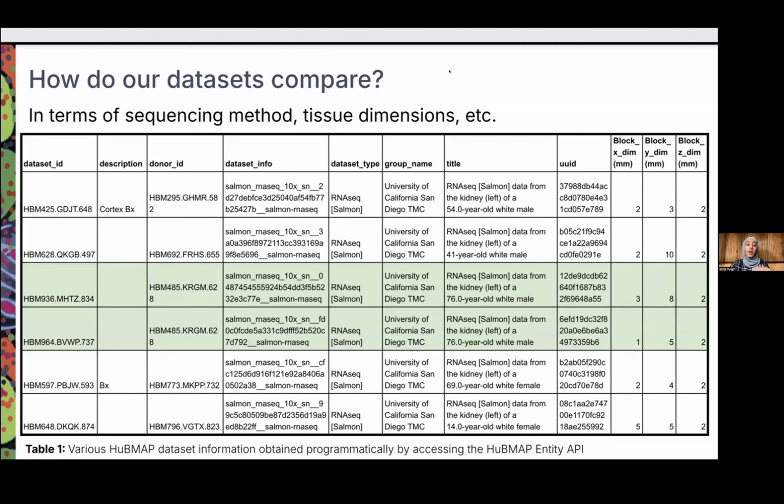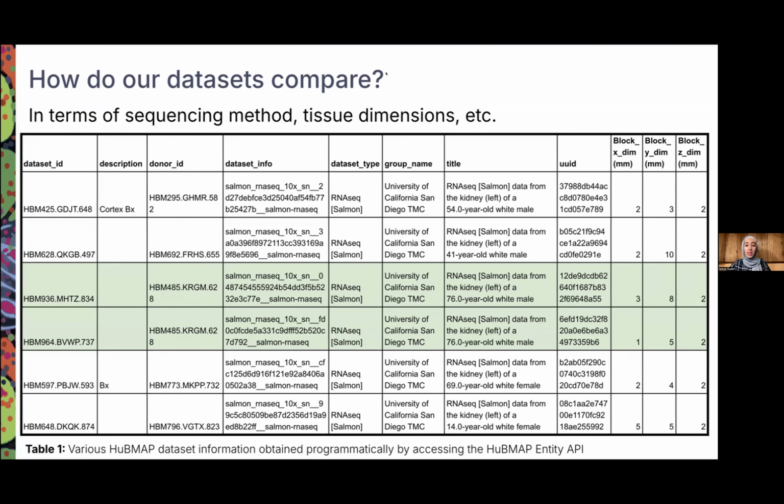So first of all, we need to compare our datasets to make sure they're as similar as possible, or at least we know the differences if there are any at all, right? Because we're trying to eliminate all those differences between the datasets so we could just focus on the differences between the datasets' gene expression profiles, and if they have a correlation to the differences that are occurring among the different donor metadata.